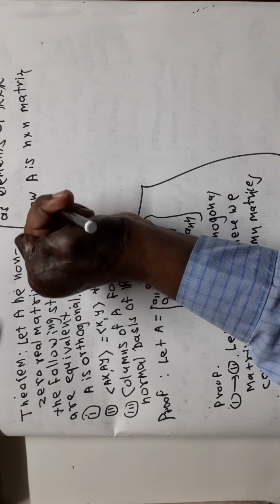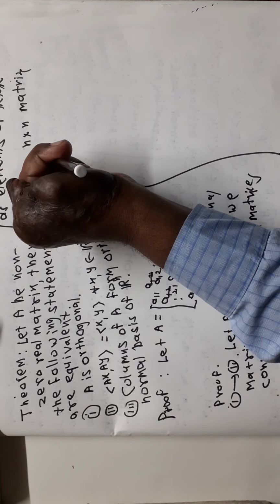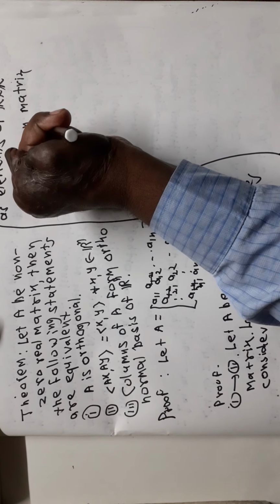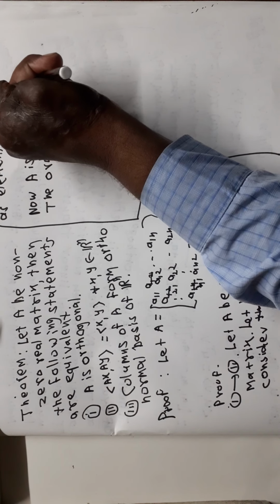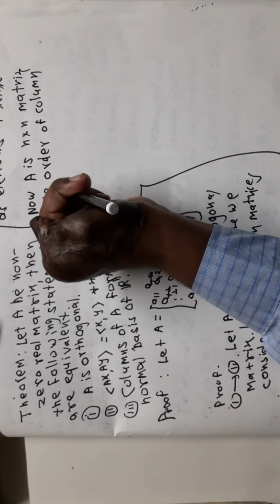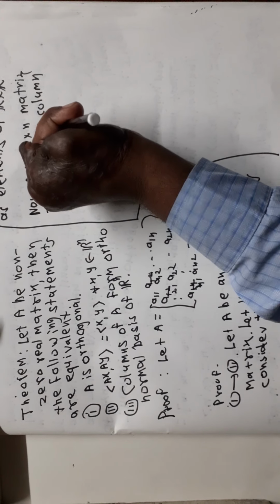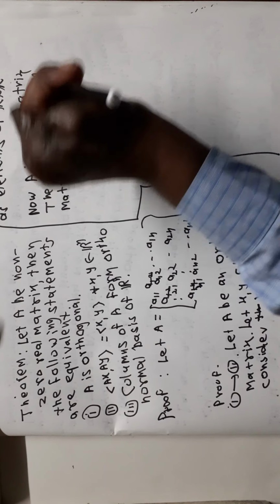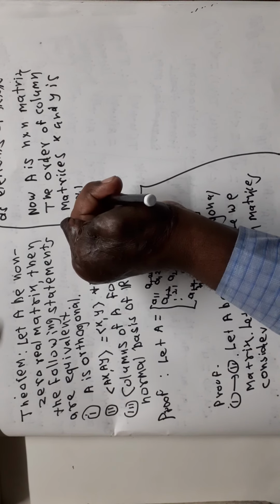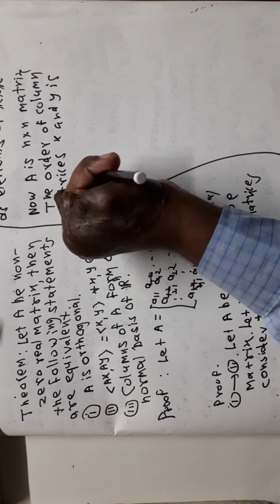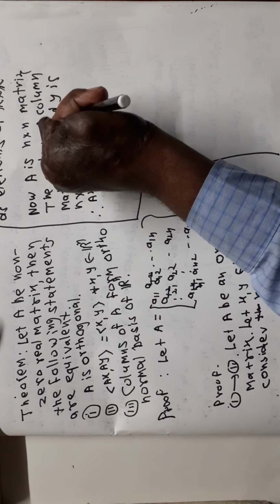The order of x and y is n by 1. Therefore Ax and Ay are n by 1 column matrices.